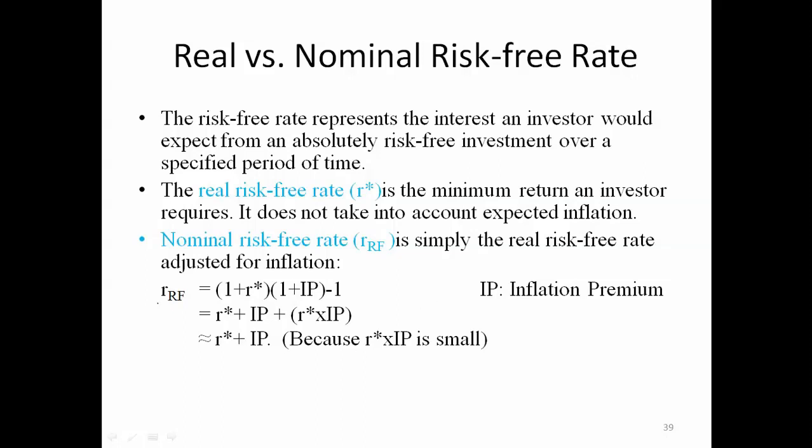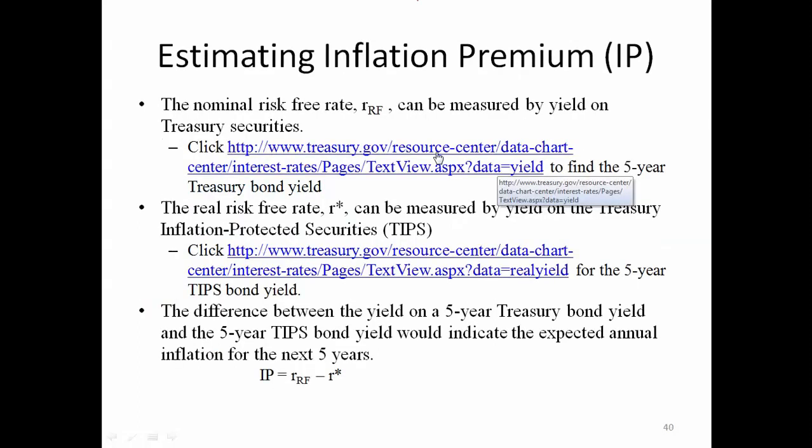So we say the nominal risk-free rate equals 1 plus the real risk-free rate multiplied by 1 plus the inflation premium, and then minus 1, and approximately it equals R star, the real risk-free rate, plus the inflation premium. The nominal risk-free rate can be measured by the yield on Treasury securities.